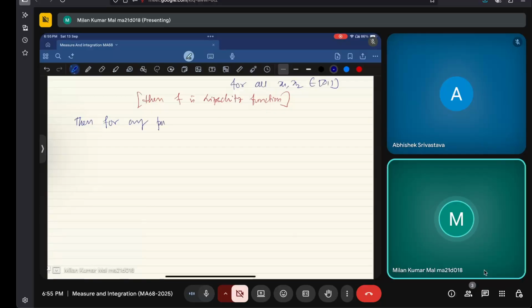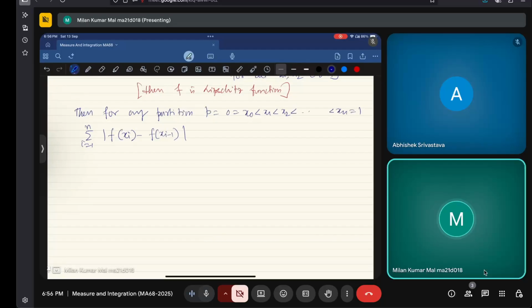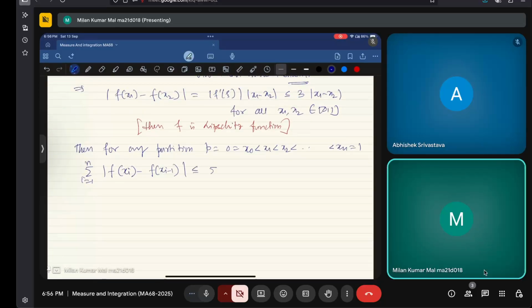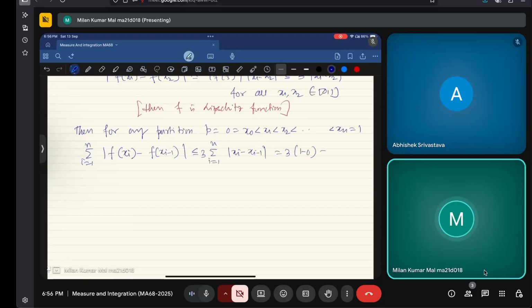And whenever it is a Lipschitz function, then for any partition P, 0 equals x0 less than x1 less than x2 all the way to xn equals 1, the summation from i equals 1 to n of mod of f(xi) minus f(xi minus 1) is less than or equal to 3 times the summation of mod of xi minus xi minus 1, which equals 3 times (1 minus 0), that is equal to 3.